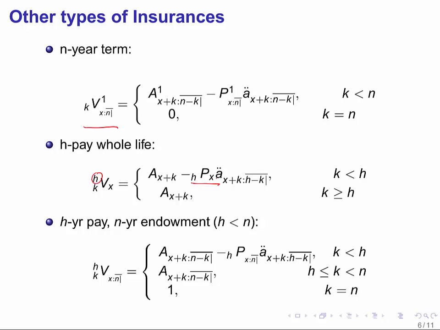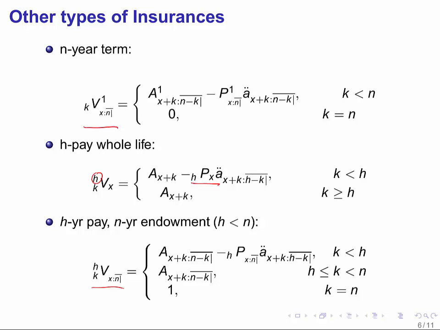And we can also consider H pay N year endowment. So the notation here is very similar to the H pay whole life. We use the subscript to the right of V to represent the insurance type, and here it's endowment. If we are considering a K that's smaller than H, then there'll be future benefits and future premiums.